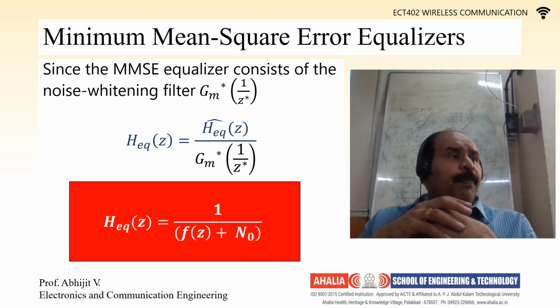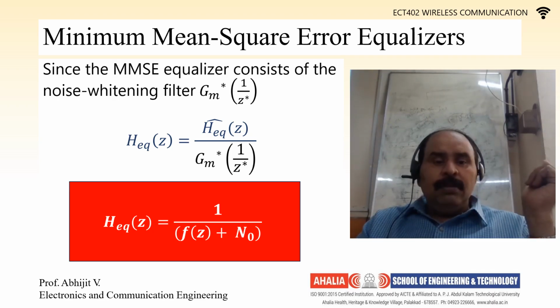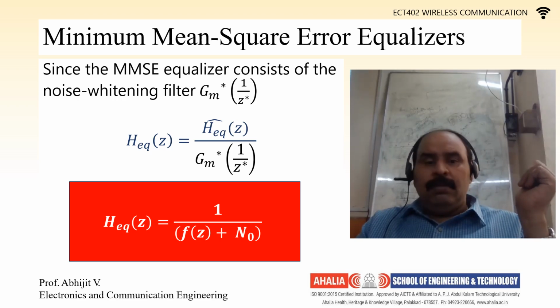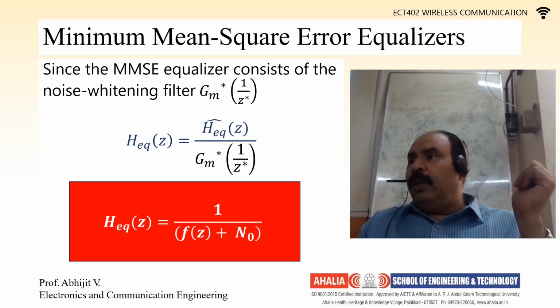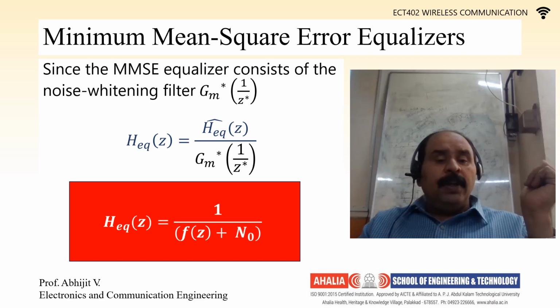So what is that? We are going to find the final one. The output of the noise whitener is given to the equalizer. That is what is given by Heq of z. It consists of the noise whitening filter Gm, the total filter.